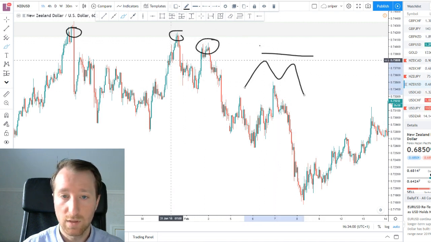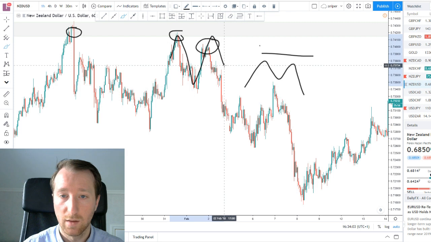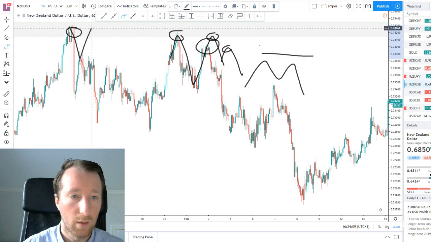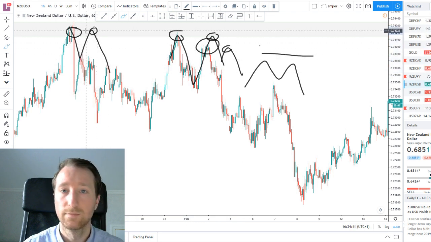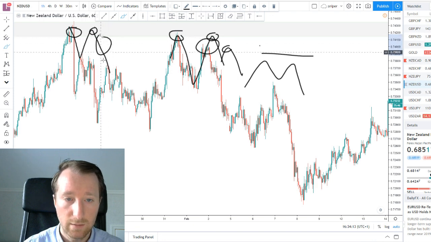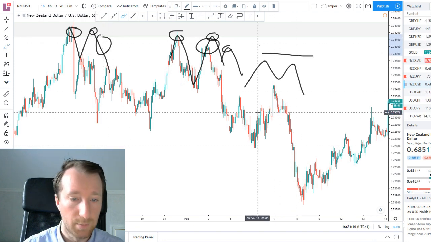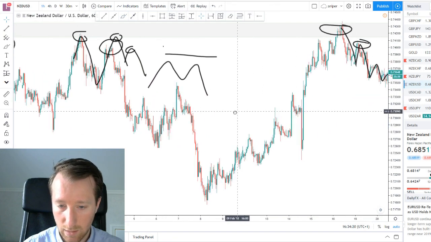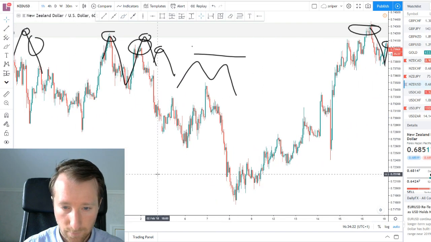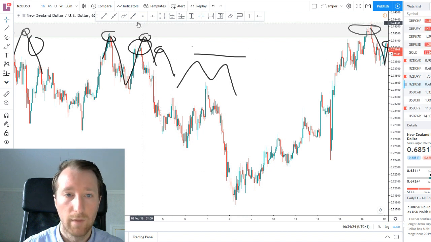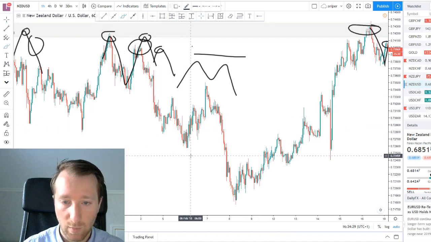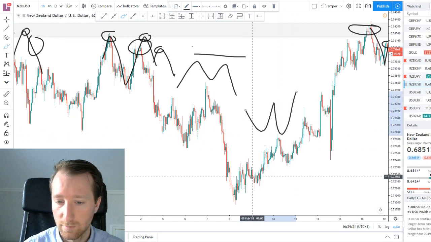So I will want this to come down here, then sell, and then sell. I want this to come down, go up, then sell, then sell. If it is a bottom, I would want to see, yeah, there is plenty of ways, but a double bottom.